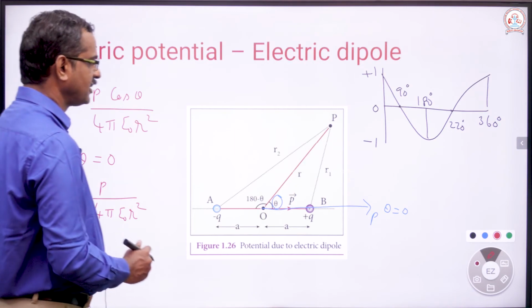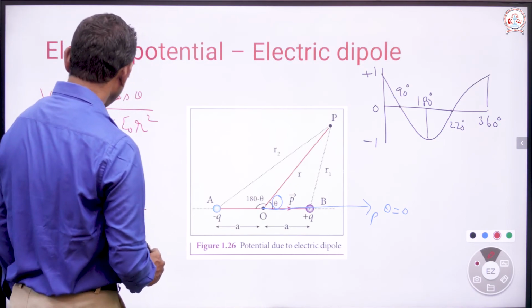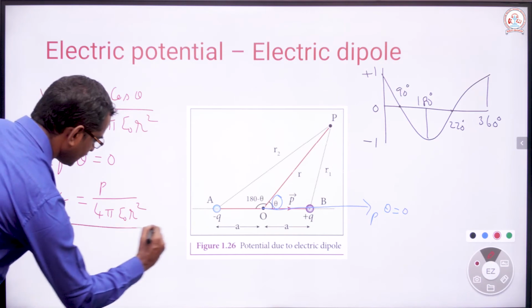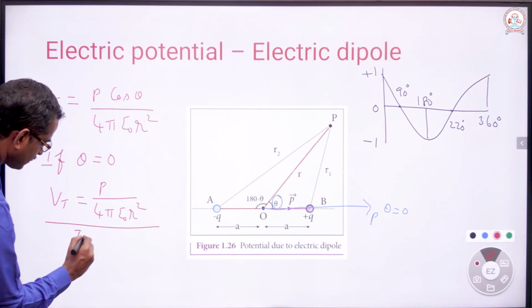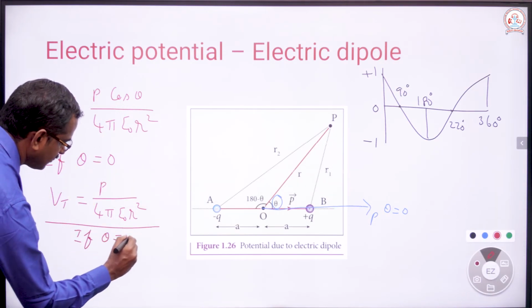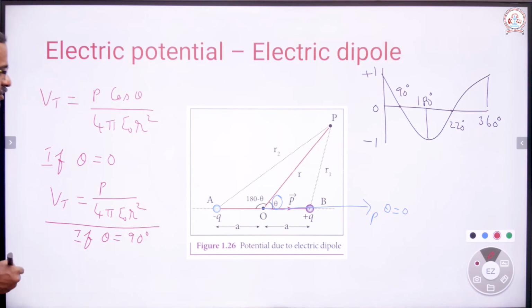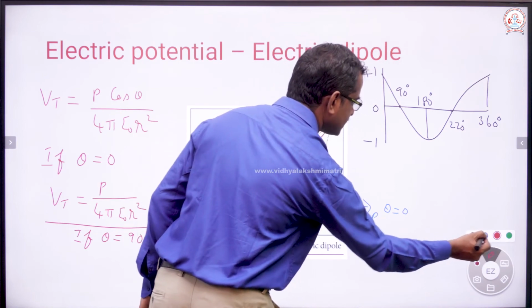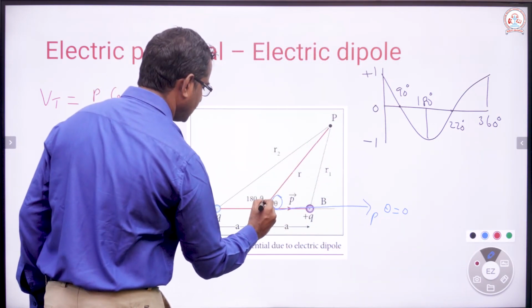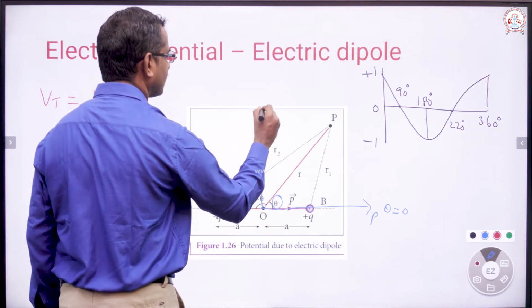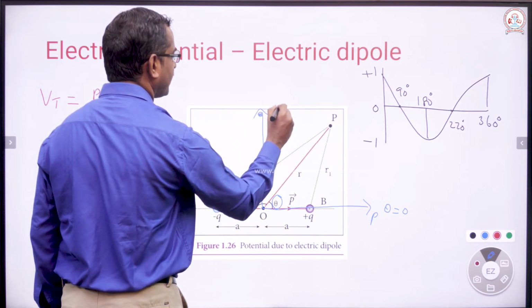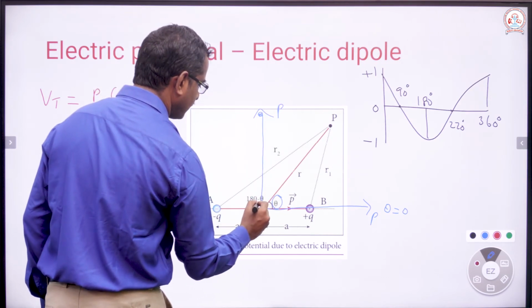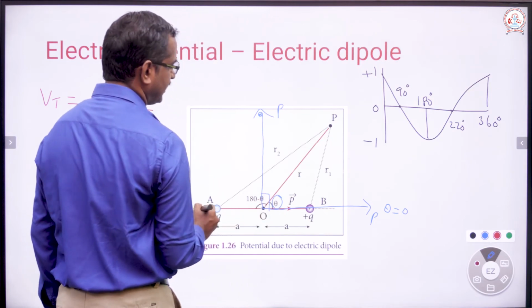If theta is equal to 90 degree, in that case the point P lies along the equatorial line, like this. It lies along this direction. When the point P lies here, theta becomes 90 degree.